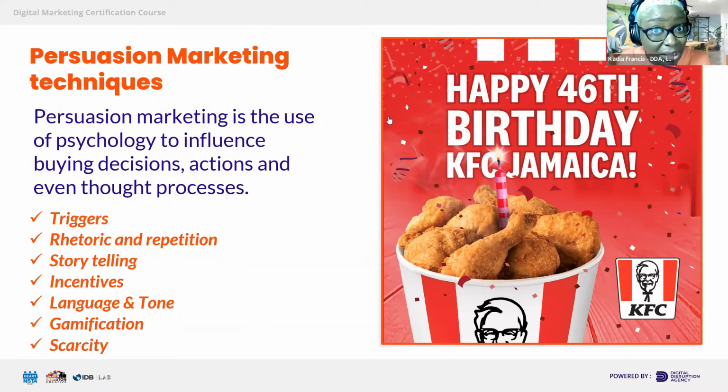What do we mean by symbolism? Symbolism meaning KFC for a lot of people, especially millennials, is their way of proving that they've made it. Because now, if I feel like KFC, I can go buy KFC, I don't have to wait for a special occasion to buy KFC. I think that's one of the reasons why KFC can do no wrong for us in Jamaica, because we use it as a symbol of economic empowerment.